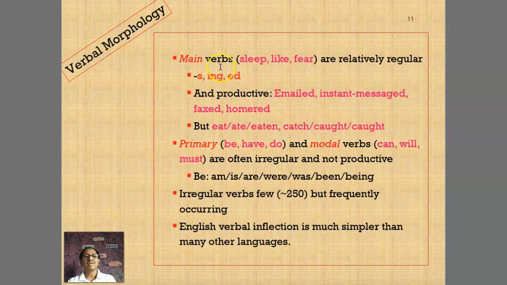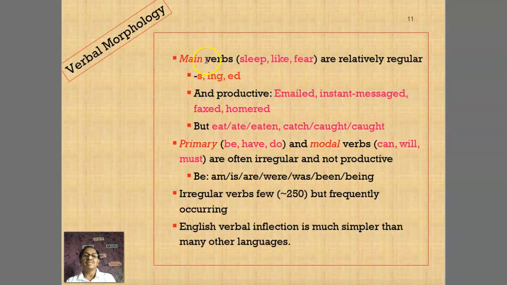These are the morphemes which are added to regular verbs. So you can say sleeps, sleeping, slept. Slept is irregular here, right? Like, likes, liking, liked, fear, fears, fearing, feared, right?